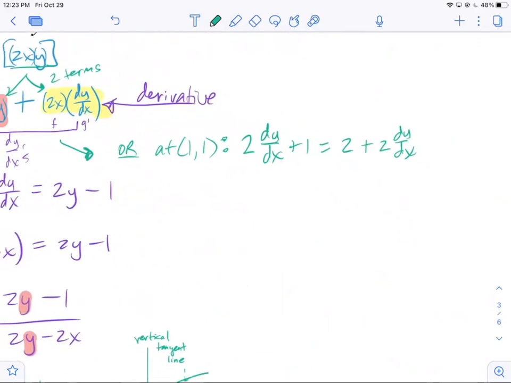And now look what happens. What happens with your 2 dy/dx's? They cancel from both sides, don't they? And you're left with 1 equals 2.